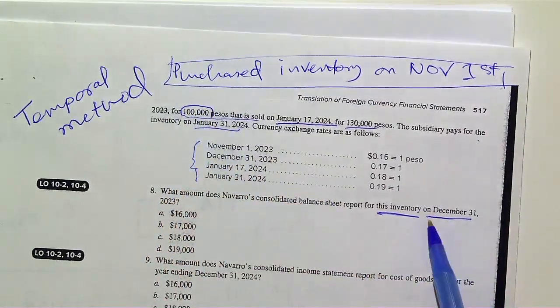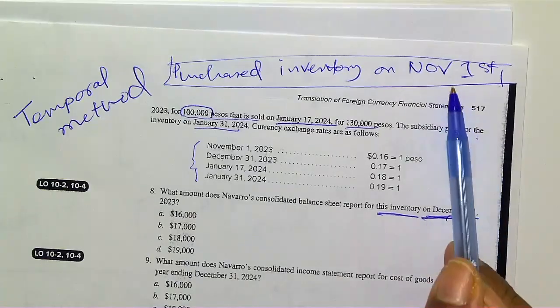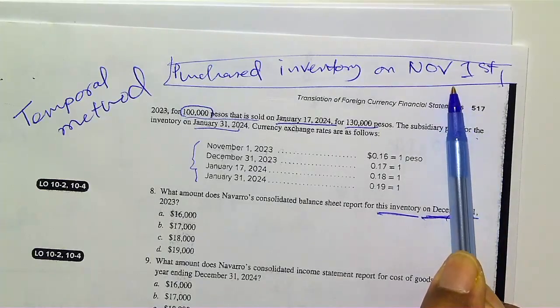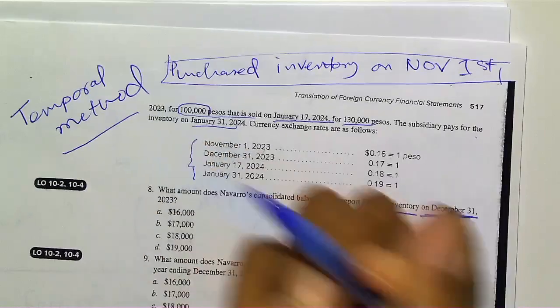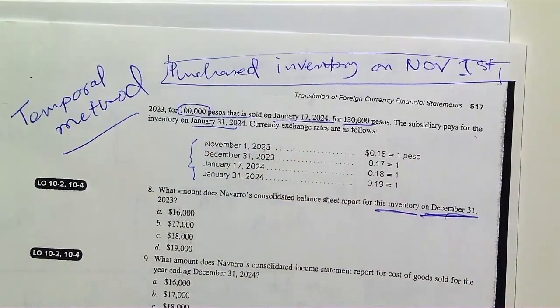December 31st, they are closing their books. The inventory is not sold yet. They have that ending inventory. And I know it's the temporal method. Did the problem say anywhere whether they follow inventory at cost, inventory at market, or inventory at net realizable value?